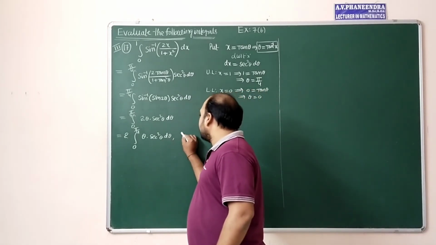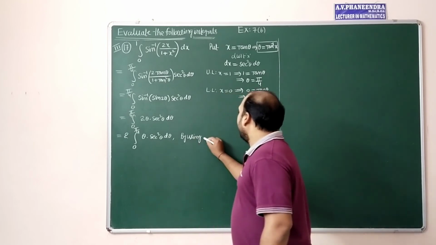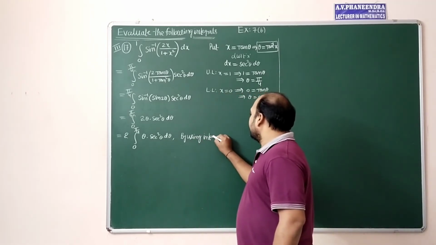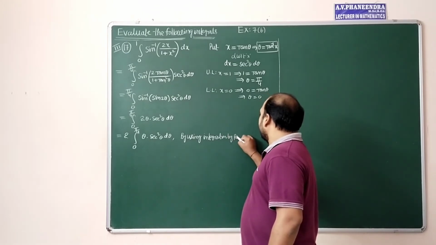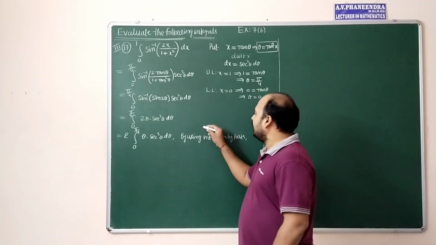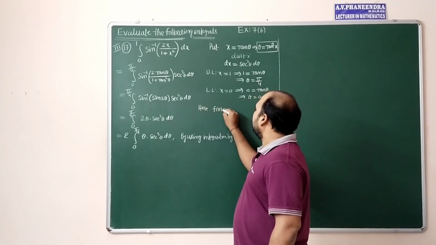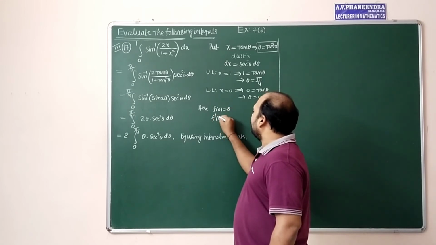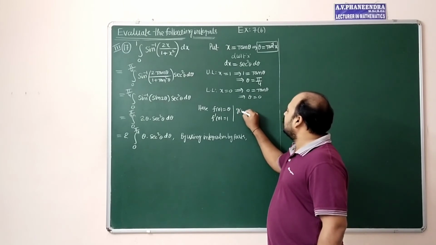So by using integration by parts, before going to do that integration by parts, what is f of theta, what is g of theta, here I will discuss there. Here f of theta equal to theta, then f dash of theta equal to 1, differentiate with respect to theta, and g of theta is equal to secant square theta.